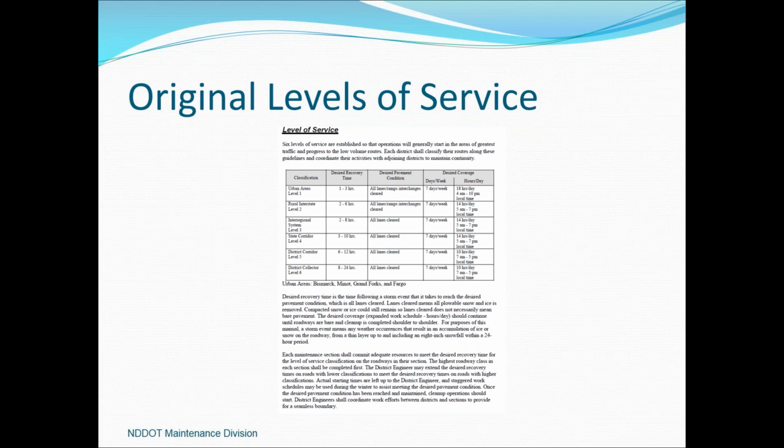We did preach seamless boundaries between our districts, so the public didn't know where one district started and one district stopped. And we attempted to plow compared to our highway performance classification system, which is our hierarchy of roads, which we had presented to our legislature and they had agreed to.